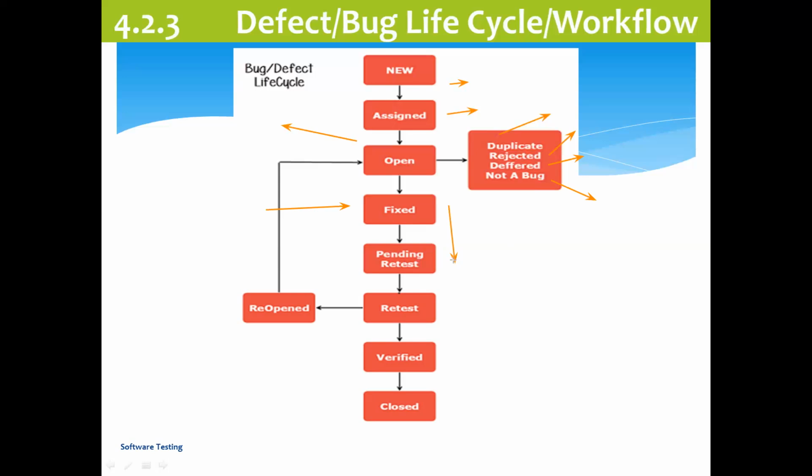It is ready for test, but the testing has not started. Fixed happened, but testing not started, waiting for testing. So in that case, the name will be pending retest. In some tools, it is mentioned as ready for test. In some tools, it is mentioned as pending for test or pending retest. So by seeing the name only, you can understand. If you work with one tool, you can work with every tool.